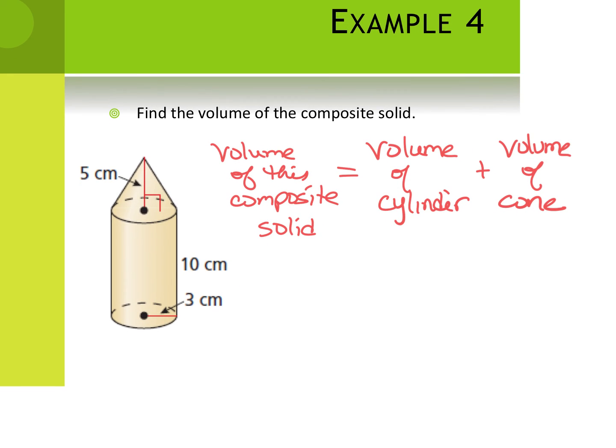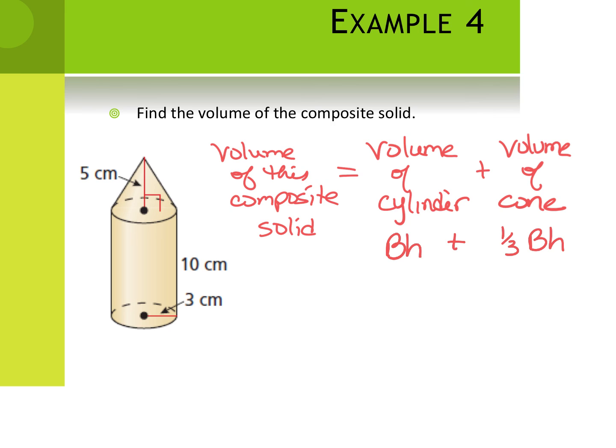So remember, for volume of a cylinder, it's BH. For volume of a cone, it's 1/3 BH. Now, notice I've got two different H's here. I've got the height of the cone and the height of the cylinder. Both capital B's here are circles.